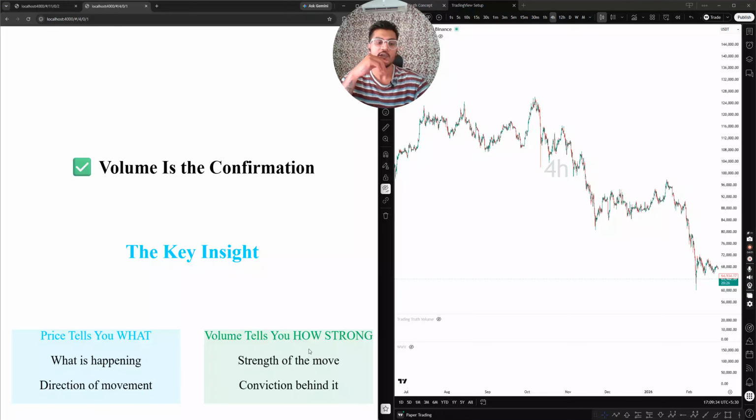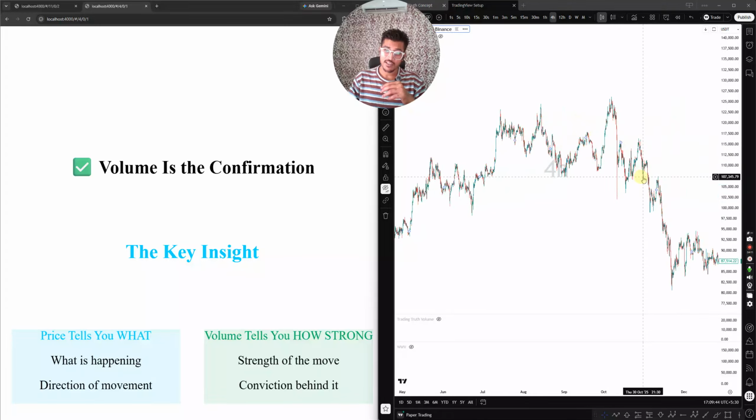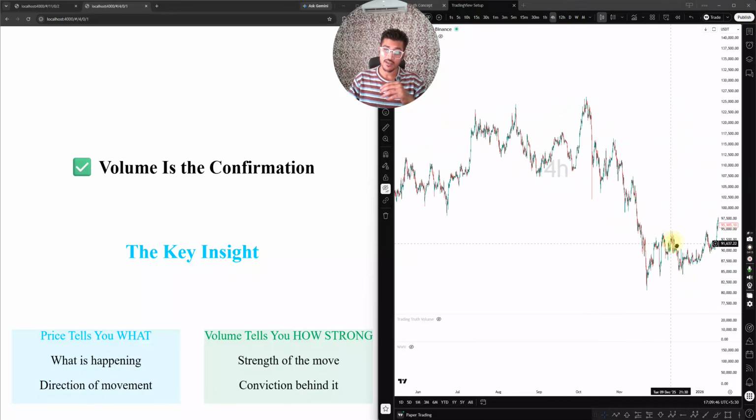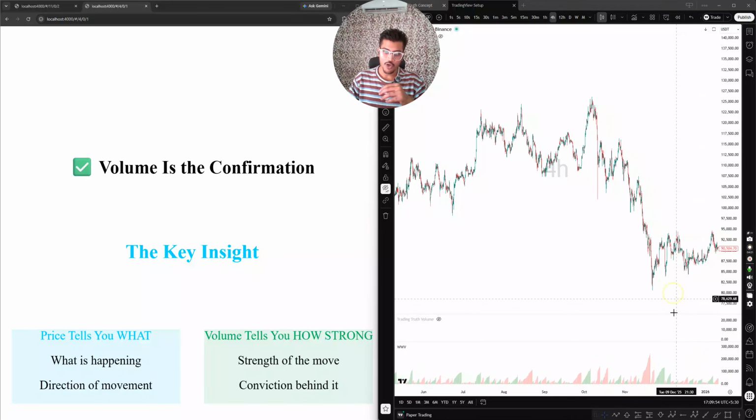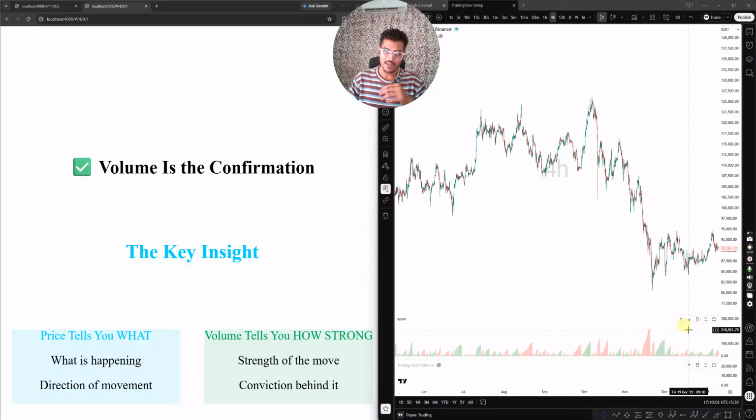For a given day, you might come into the market and see price coming down around here, and then price tries to go up. But if you look at the volume here, you see how it's diminishing around here. It's very low compared to this one, and this was the biggest selling that happened there.